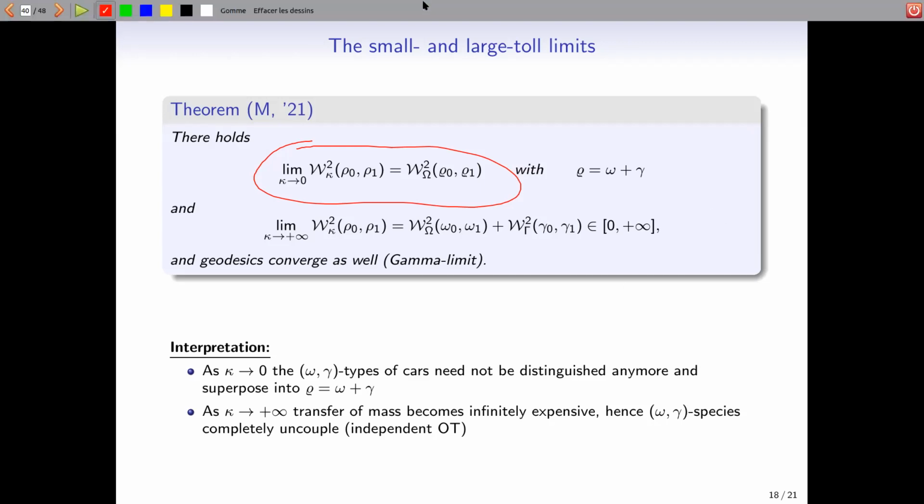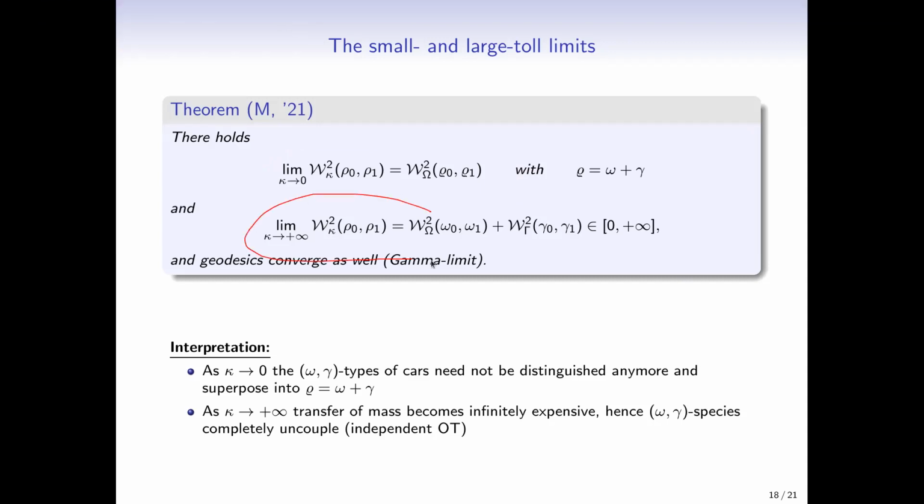The second part of the result says that if you send the toll to infinity, kappa to plus infinity, the ring road distance converges to the sum of two squared distances. One is the Wasserstein distance between the city cars, plus the road cars. And pay attention that both of these quantities can be plus infinity if, for some reason, the mass of omega 0 is not equal to the mass of omega 1, or equivalently, if the mass of gamma 0 is not equal to the mass of gamma 1.